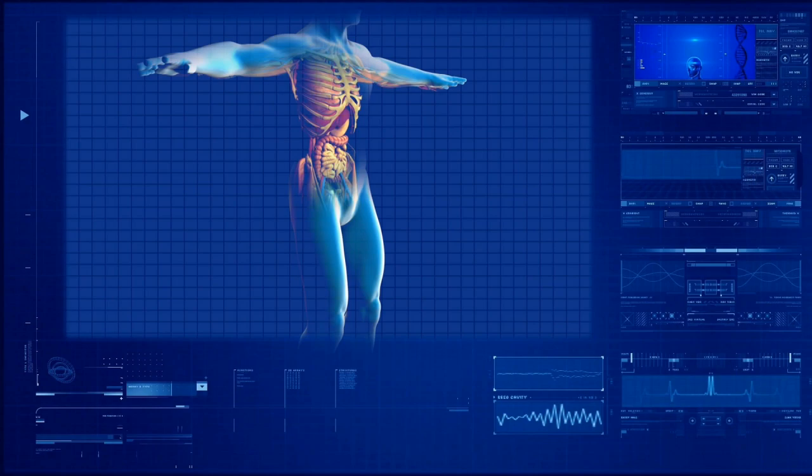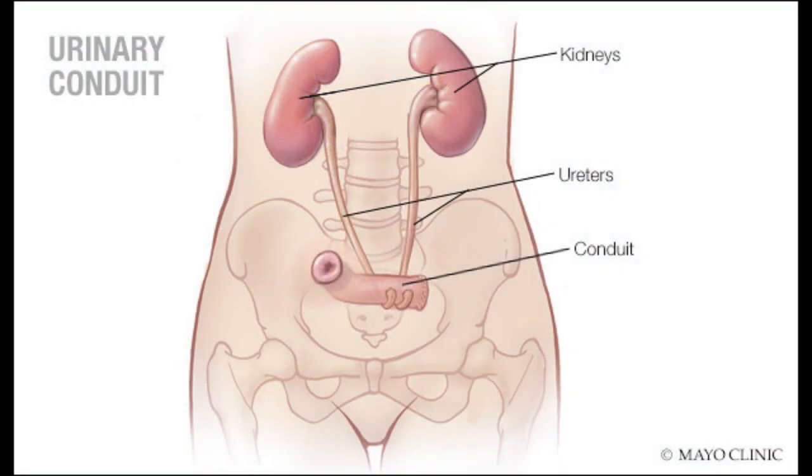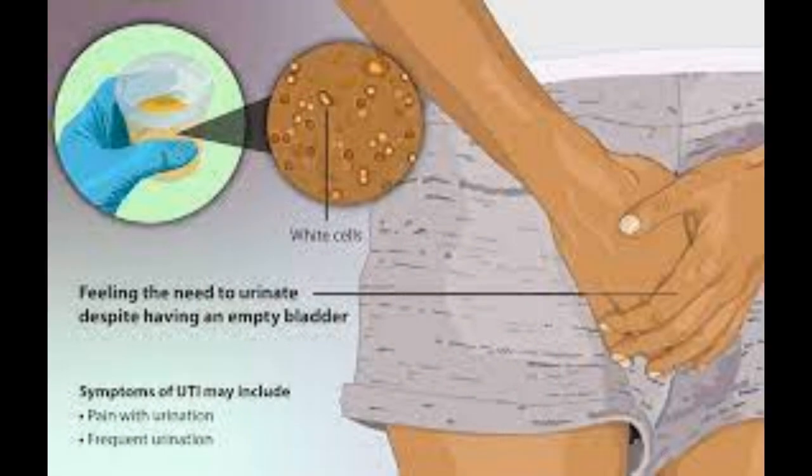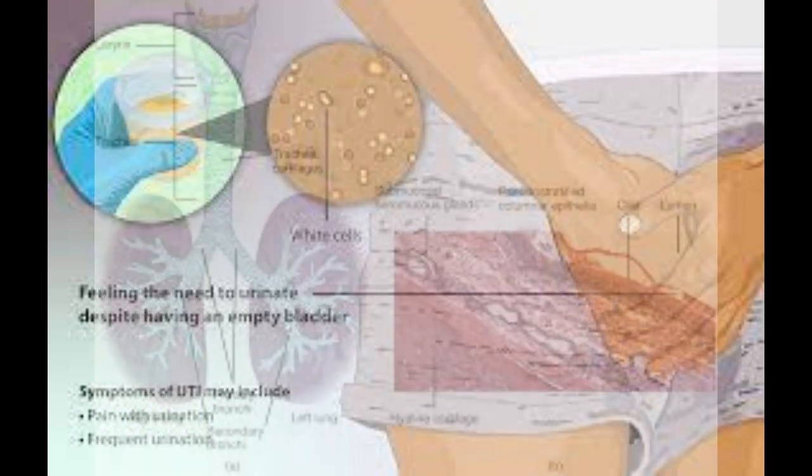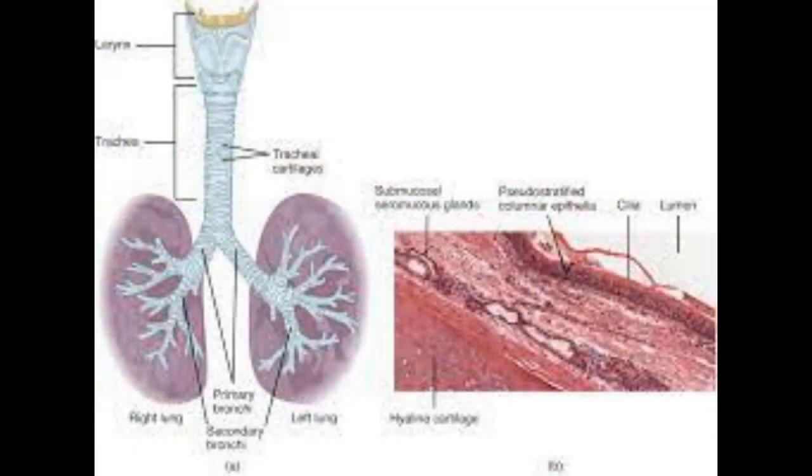Urinary tract infection, UTI, affects every portion of the urinary system, including the kidney, ureters, bladder, urethra. The bladder and the urethra are the most affected parts of the urinary tract infection.